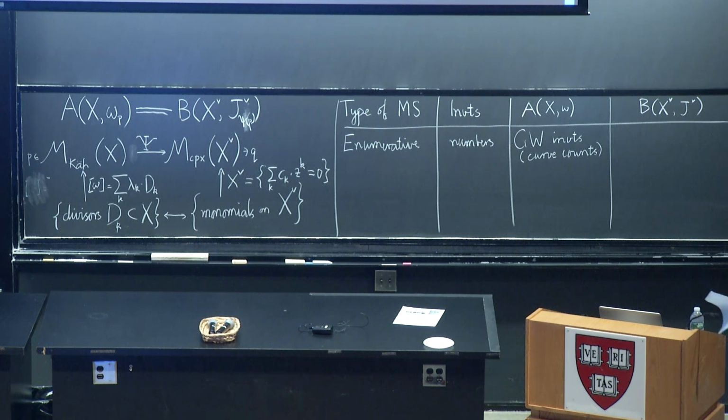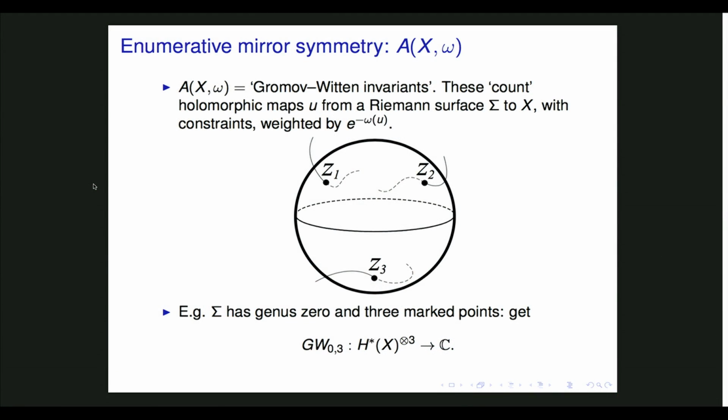Which are defined to be counts of holomorphic maps from a Riemann surface to X with some marked points on the surface which are constrained to lie on some cycles inside X. And these counts come weighted by a factor of e to the negative area of U, measured with respect to this 2-form omega.